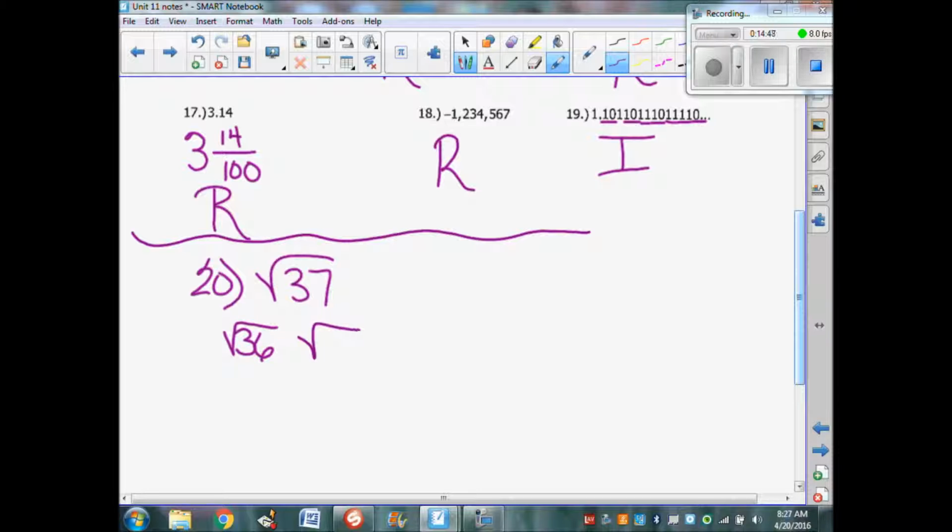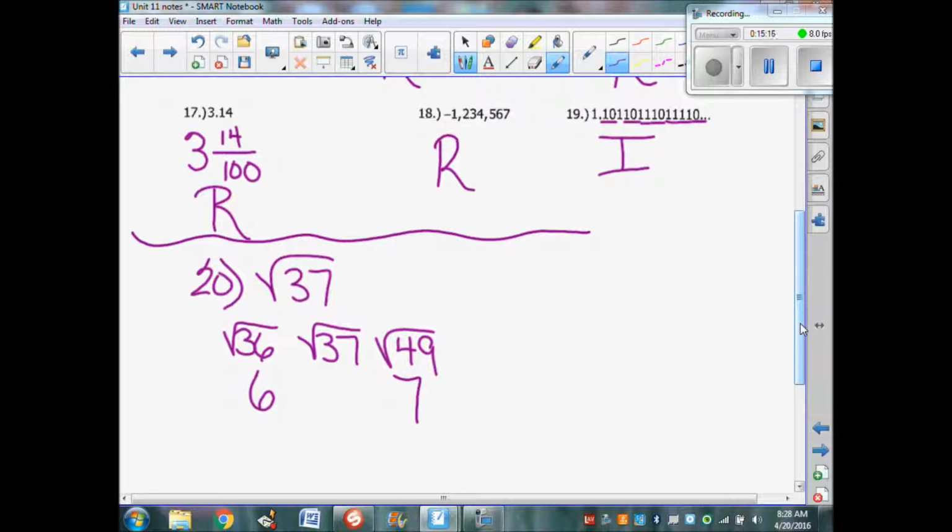Okay. The square root of 36 is 6. What is the next perfect square in line after the square root of 36? Square root of 49. What's the square root of 49? 7.